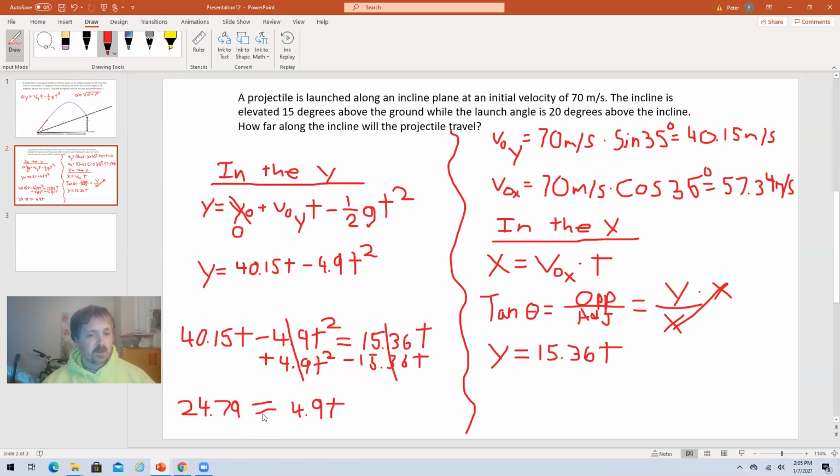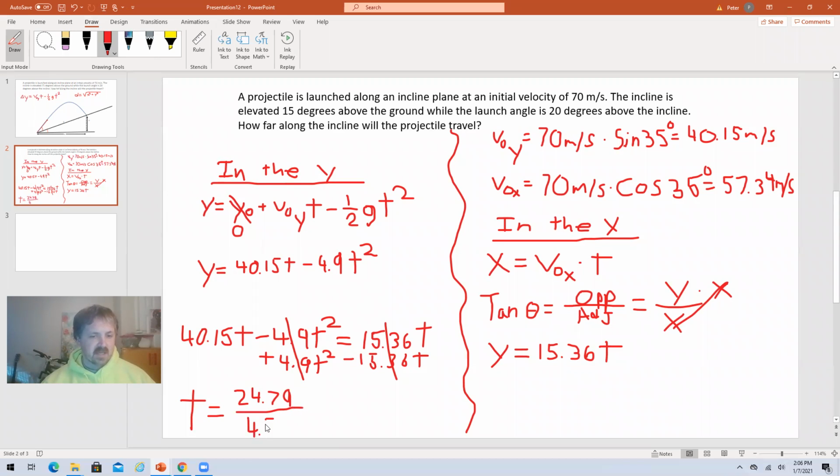Okay. And so, makes sense then, t equals 24.79 divided by 4.9.